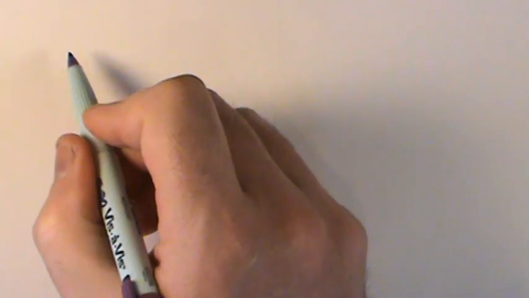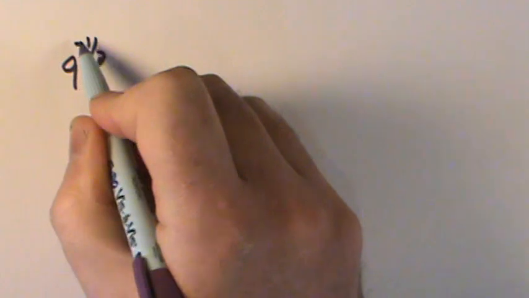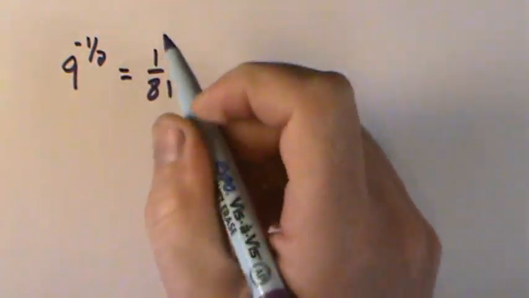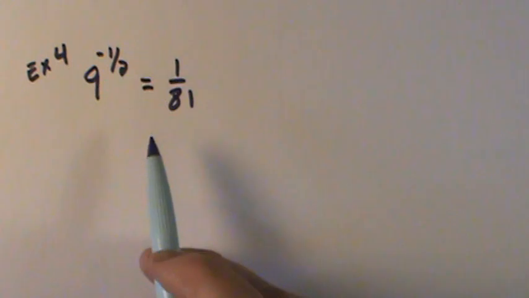I've got 9 to the negative 1/2 power is equal to 1 over 81. They want me to take this, and this is example 4, and convert that into a log. So you have to ask yourself, first, what is your base? Your base is 9.